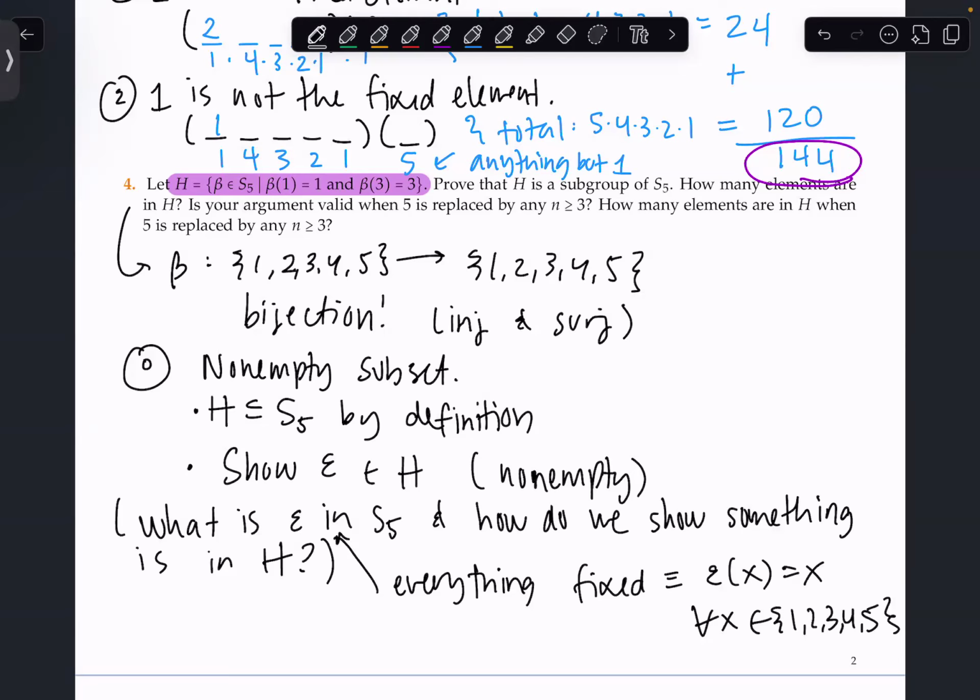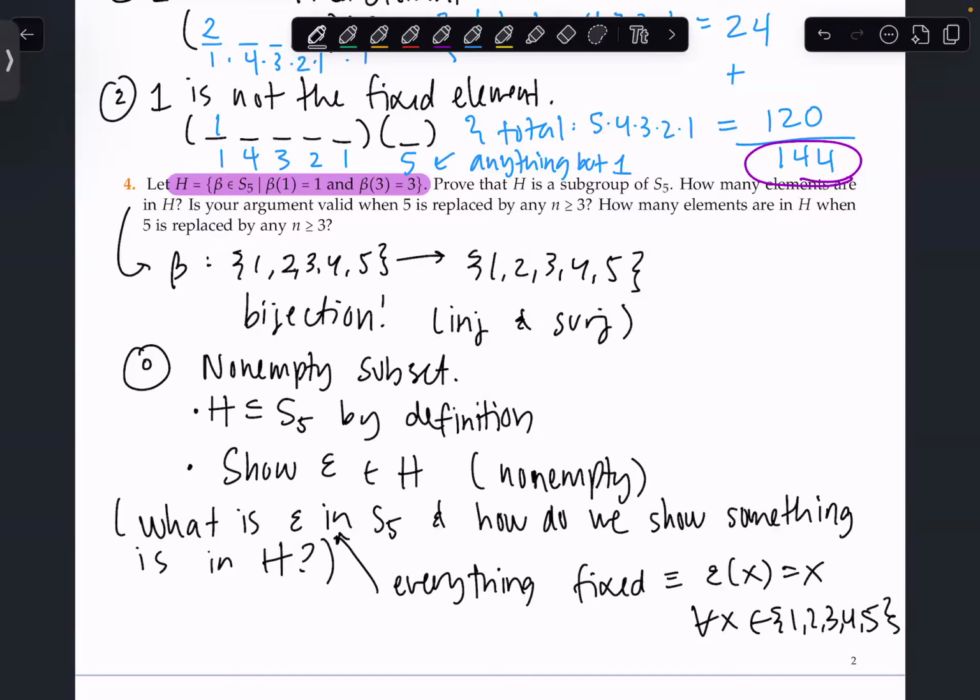Okay, do I know this element is in there? How do I check this element is inside of my H? Right, so here beta is like my dummy variable. If I want to check something is in there, I replace my betas with the specific element I'm working with. So I want to check this 1 goes to 1, and this 3 goes to 3. If I can show both, then I'm done.